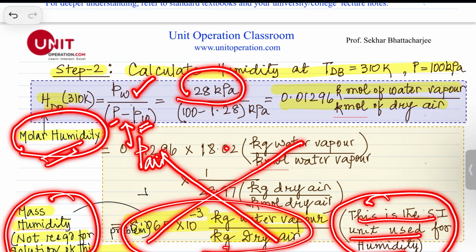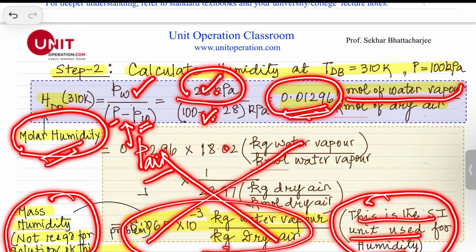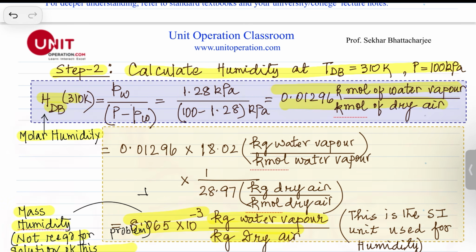So this is the ratio of the partial pressure of water to the partial pressure of air. And we know that at the same temperature, the ratio of partial pressures will be equal to the ratio of moles. So this is equal to 0.01296, very small, kilomoles of water vapor per kilomole of dry air.